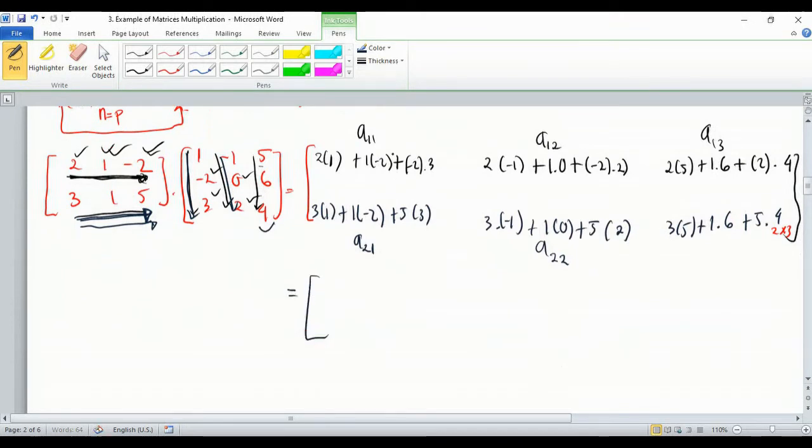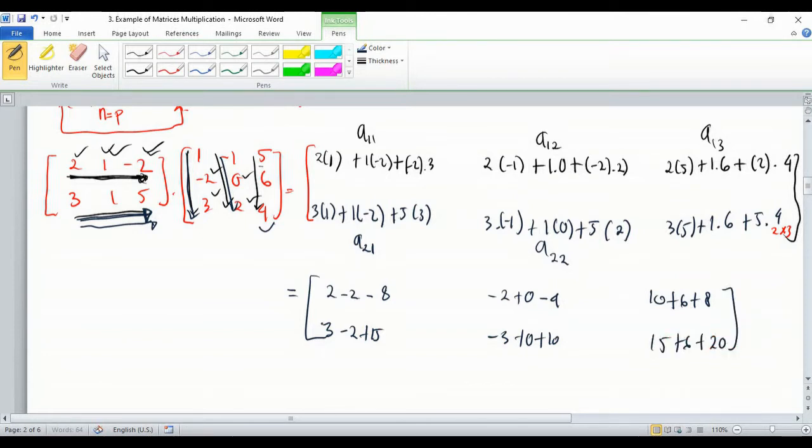For the first row, first column the result is 2 minus 2 minus 8. This one is minus 2 plus 0 minus 4. This one is 10 plus 6 plus 8. This one is 3 minus 2 plus 15. Minus 3 plus 0 plus 10. 15 plus 6 plus 20.